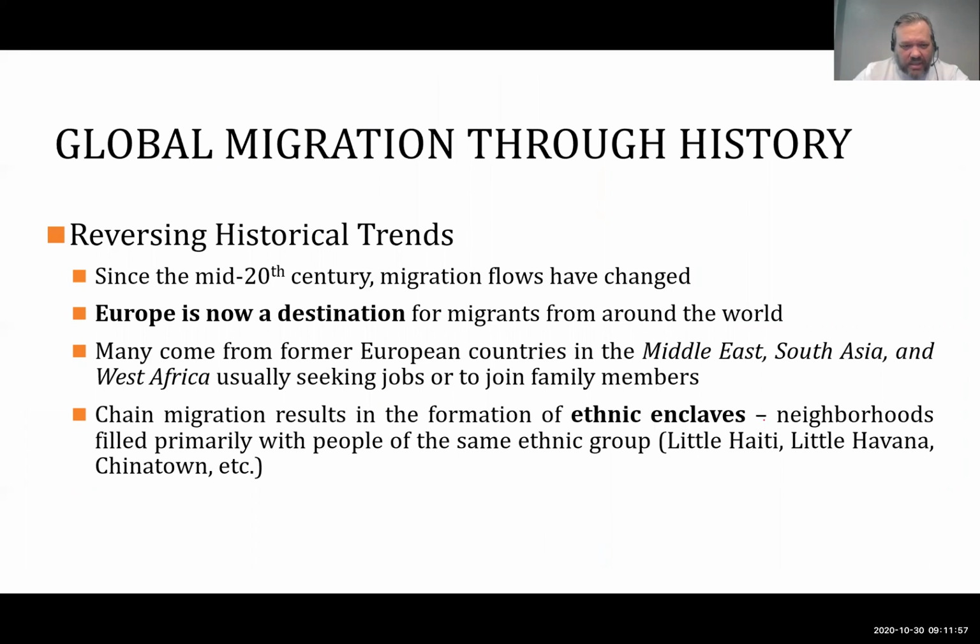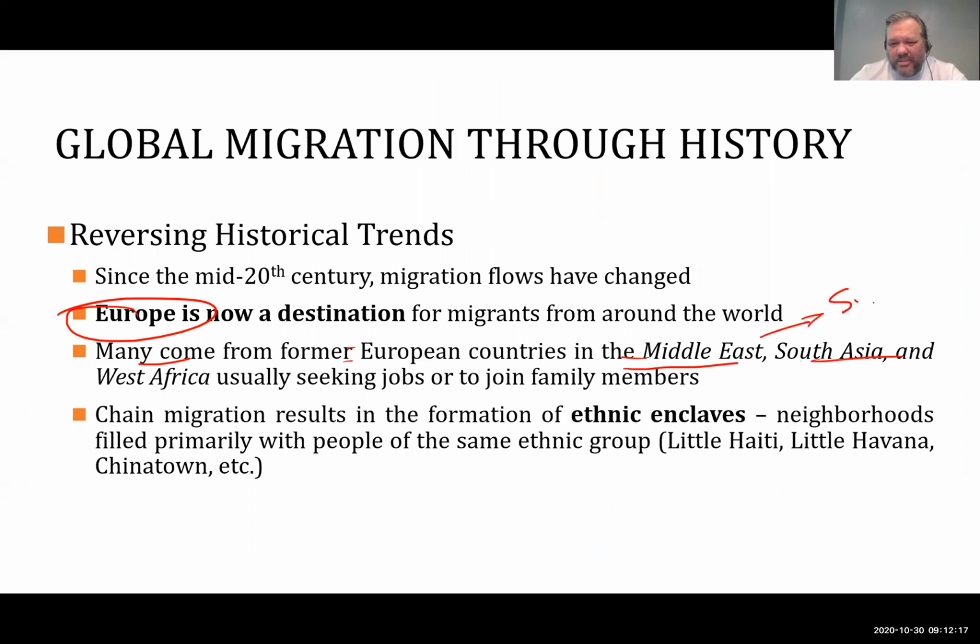So when we look at global migration throughout history, one of the things that's definitely changed is Europe used to be a place that everybody flowed from, and today Europe is a place where everybody flows to. A lot of the people are coming from the Middle East and South Asia, especially.